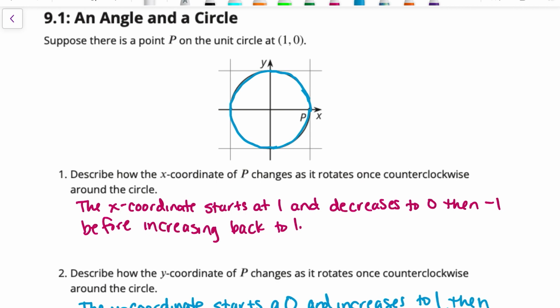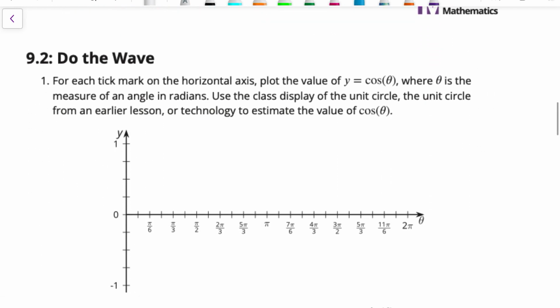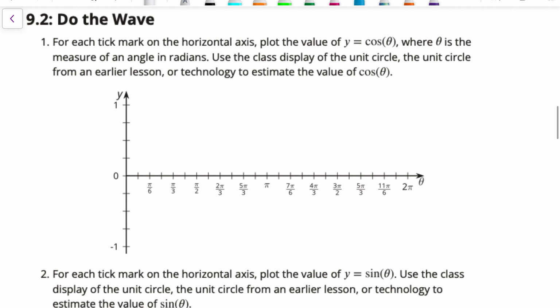All right, let's take a look at "Do the Wave." For each tick mark on the horizontal axis, plot the value of y equals cosine theta, where theta is the measure of an angle in radians. All right, so here's what we're going to do.